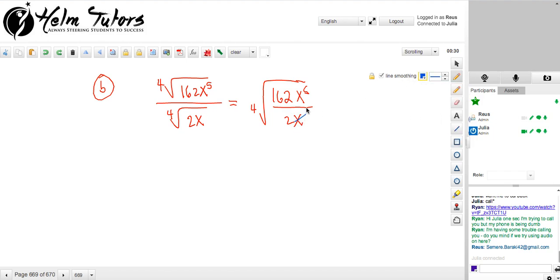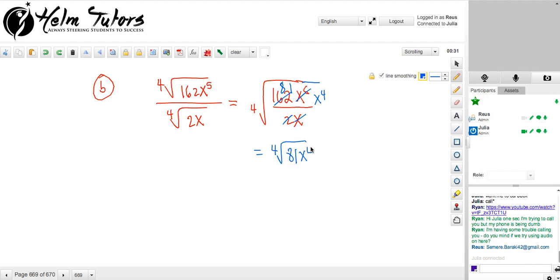Well, this x and this x to the fifth would turn into what in the numerator? That's right, x to the fourth in the numerator. And then the 2 and the 162 would cancel to what? Exactly. Now, both 81 and x to the fourth are perfect fourth powers. So you have the fourth root of 81 x to the fourth.